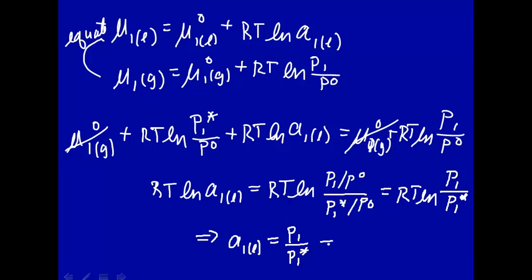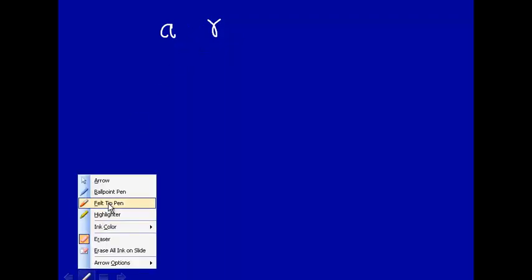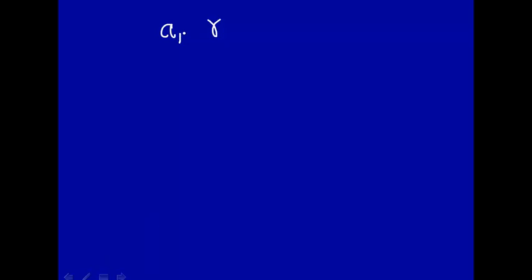All right, or let's rewrite this. So remember, we said that the activity of a liquid can be written with the activity coefficient. Let's continue using component 1. So the activity of component 1 in the liquid phase is equal to the activity coefficient of component 1 times the mole fraction of component 1 in the liquid phase.